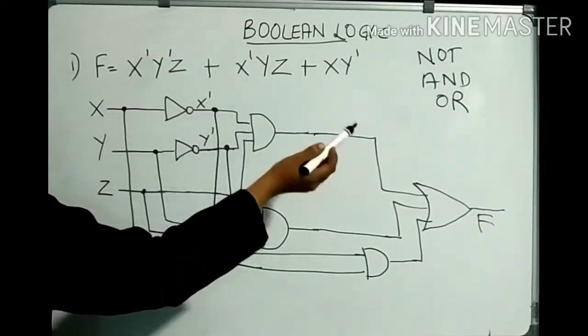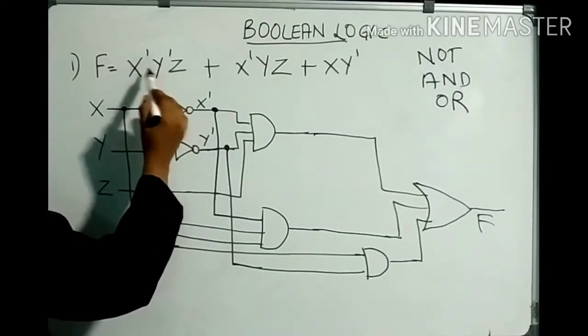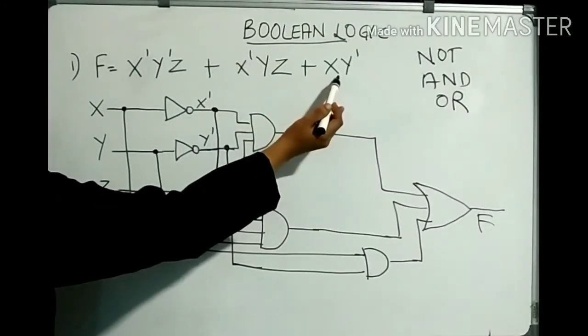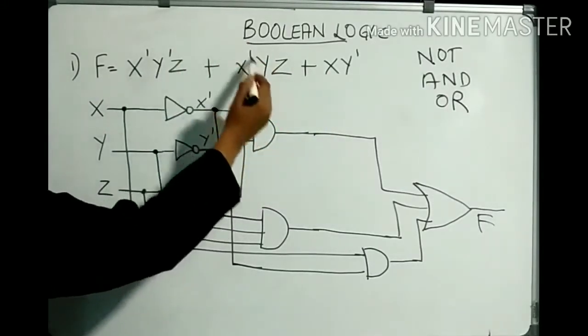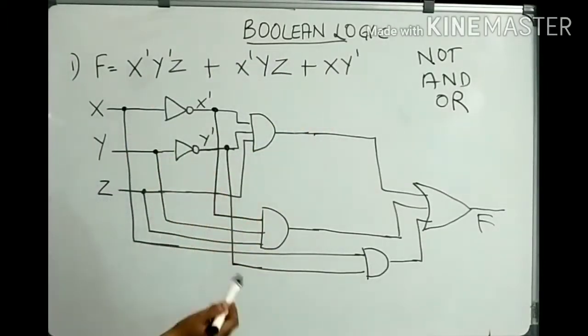Here we can see there is an AND operation, so first we perform this. Then another AND operation, and again another AND operation. So first we have to finish these three AND operations, and only after that check for OR operations. Fine? Okay. So this is how we do the first problem.